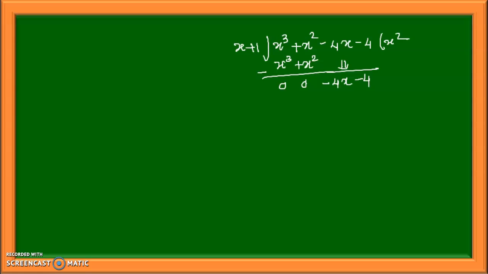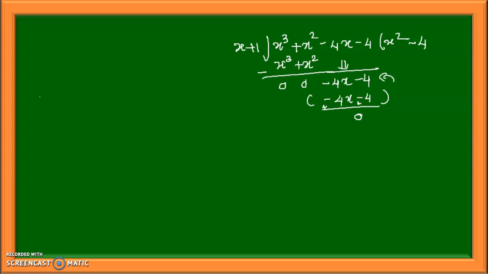If we divide minus 4x by x, you will get minus 4 here. Minus 4 into x becomes minus 4x. Minus 4 into 1 becomes minus 4. If we subtract this from the previous one, both will get added to give 0, so the remainder is 0.